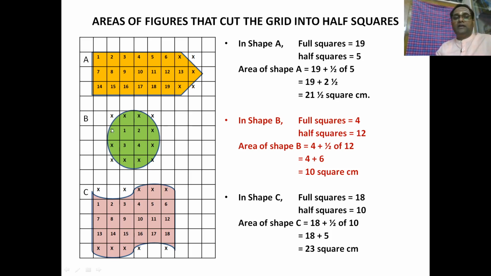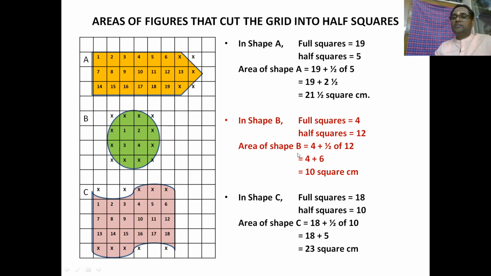Now look at this circle, that is shape B. The number of full squares here are only 4. So I'll write number of full squares as 4. I'll count the number of half squares. 4, 5, 6, 7, 8, 9, 10, 11, 12. So number of half squares are 12.